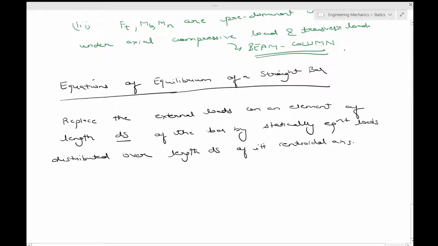Let me now show that in a diagram. If you have this as your centroidal axis, this point is say S, and this point may be S equal to S naught. First let me just show all these sort of random forces and moments, too many to write, but I'm writing them separately for the sake of this.